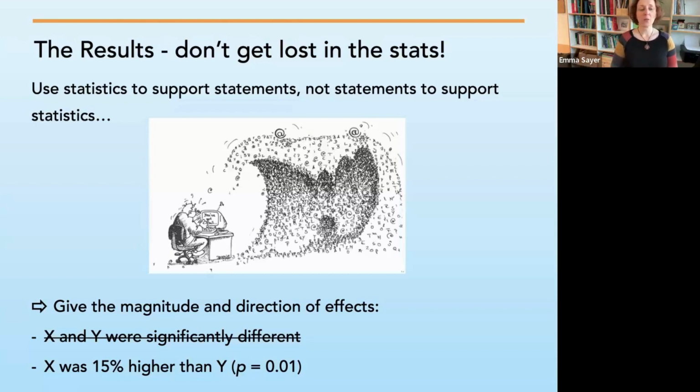It doesn't tell me whether X was bigger than Y or Y was bigger than X. So actually putting this, X was 15% higher than Y, and then giving the statistics, that's a much better way of describing the result. So giving the magnitude and direction of effects, and you can see here 15% is the magnitude, that it's higher, and then I've got my p-value here in parentheses.